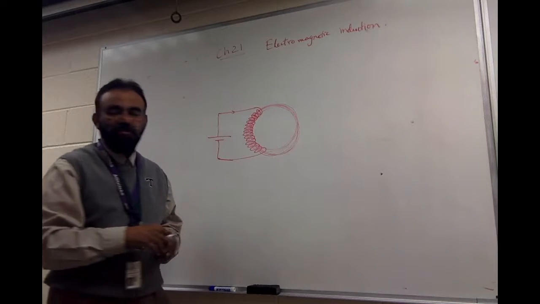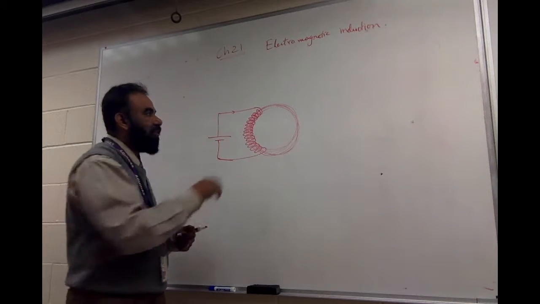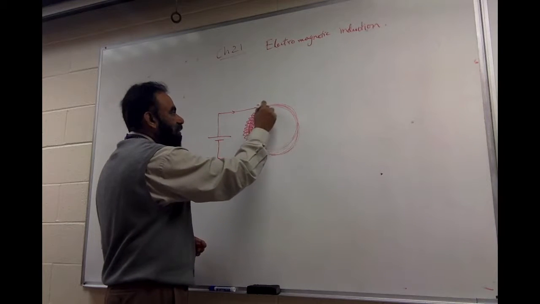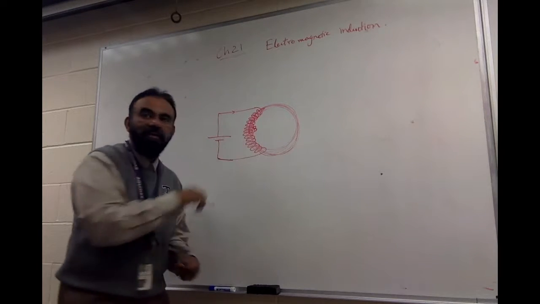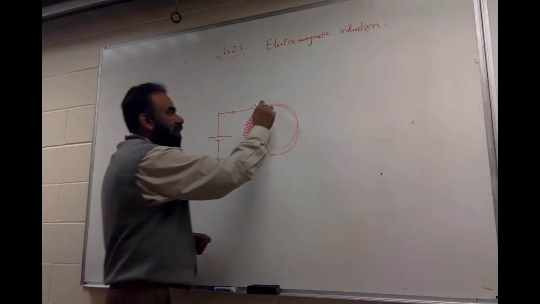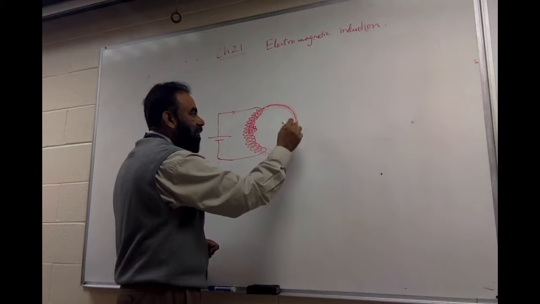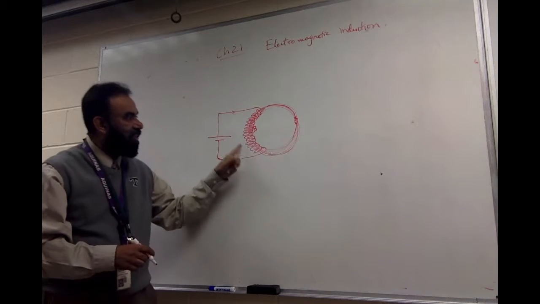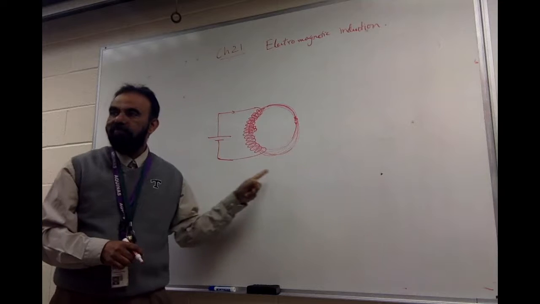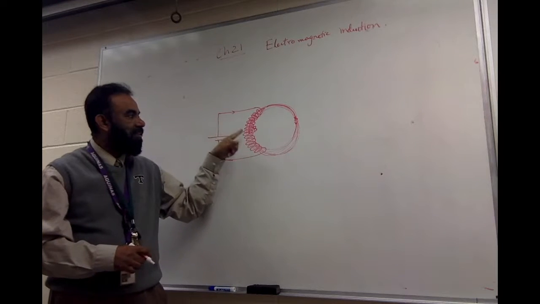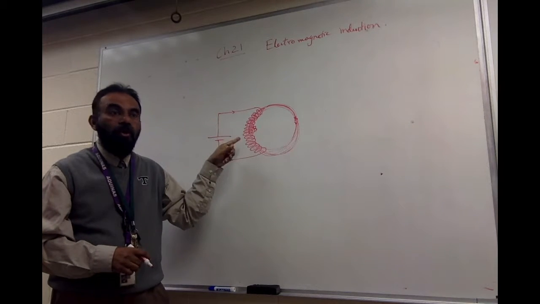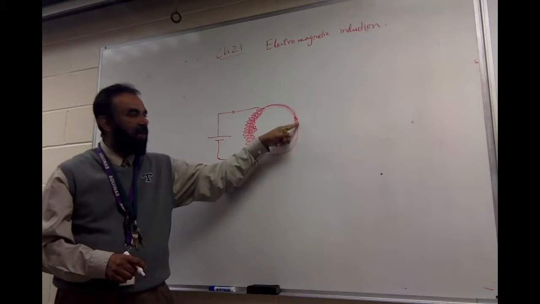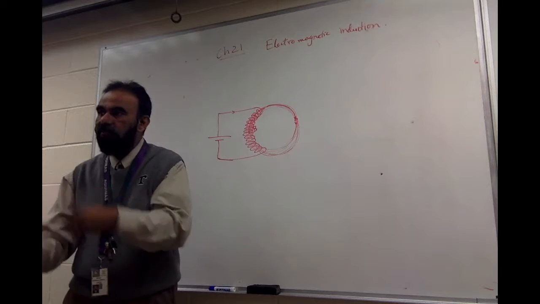I've not drawn it three-dimensionally, but one thing is sure, that this will produce a magnetic field either clockwise or counterclockwise. So it is definitely producing a B inside, and that B is going through the core continuously. It's kind of looping itself. So this current is creating a magnetic field in the core, and the magnetic field should be going through it.